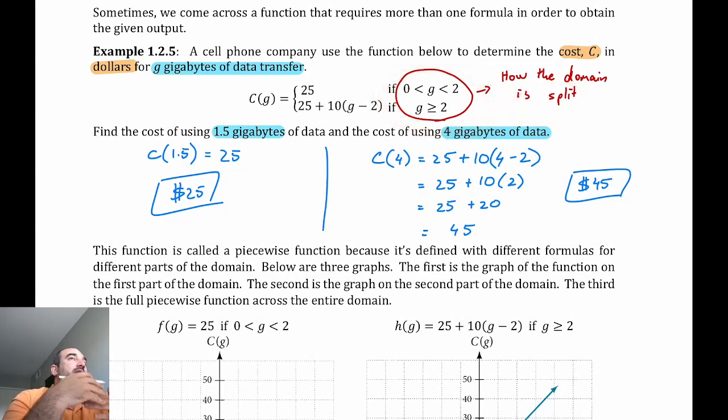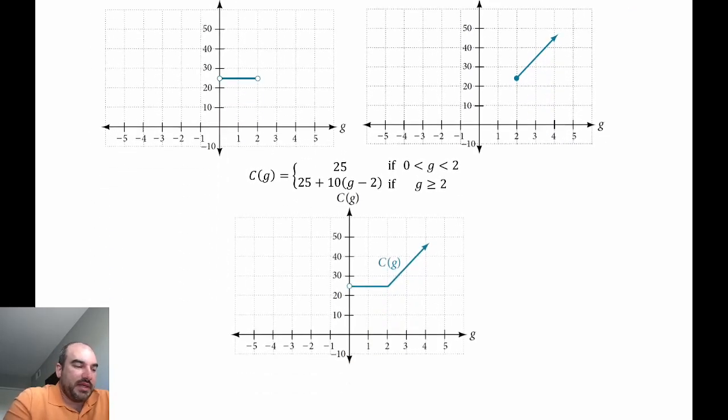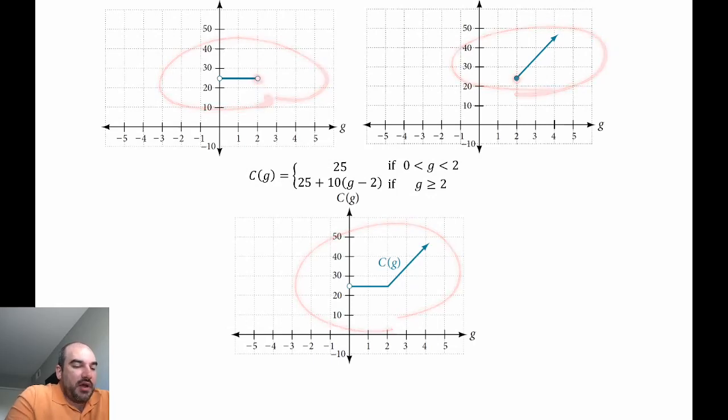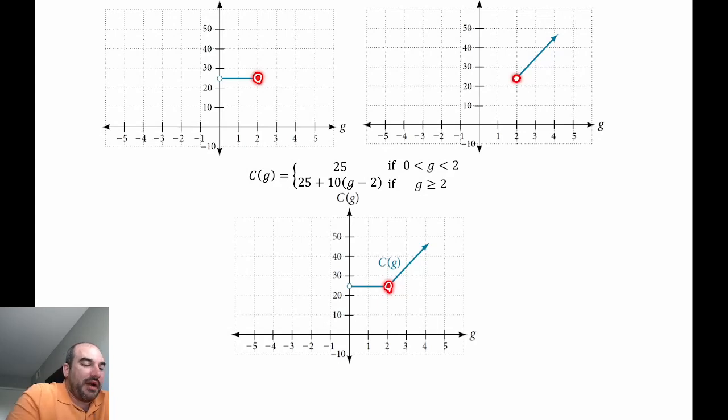There should be no real overlap between the two, except at endpoints where they could connect to each other, like how this open circle and this point are at the exact same place. When we put these two graphs on the same graph, they join together at this corner. This corner is where the open circle was from the first graph and the closed circle was from the second graph, so that closed circle fills in that open circle.